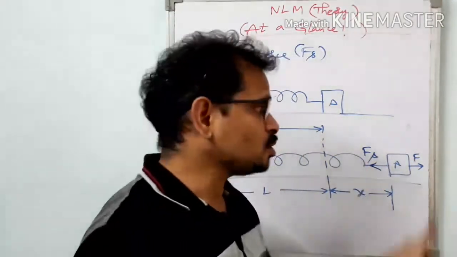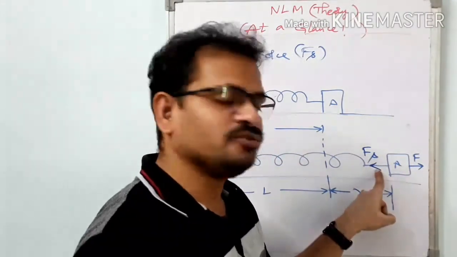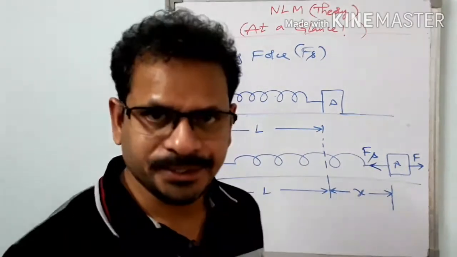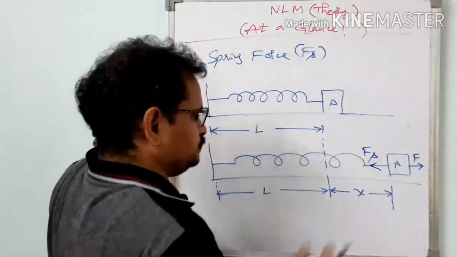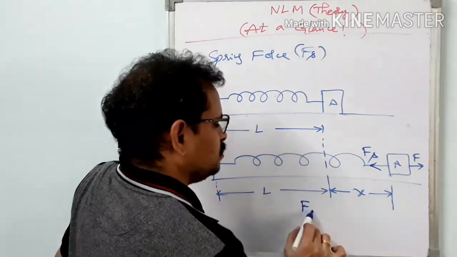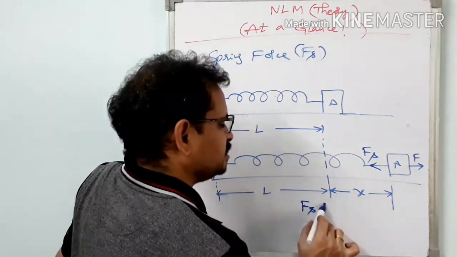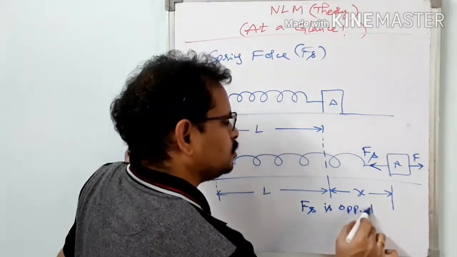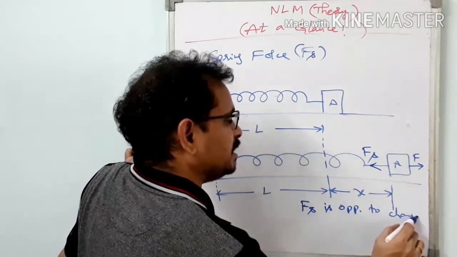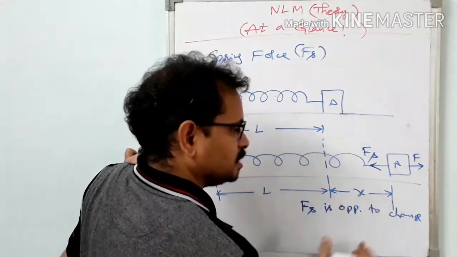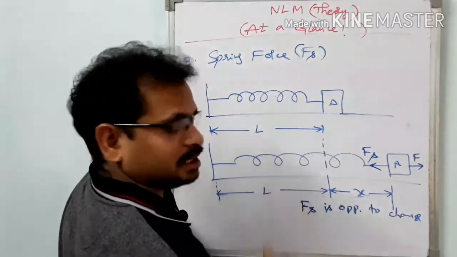So always this external force and this spring force, both of them are equal in magnitude. So what is spring force? Fs is opposite to the change in length. So here the change in length is rightwards, so it is acting opposite to that one.